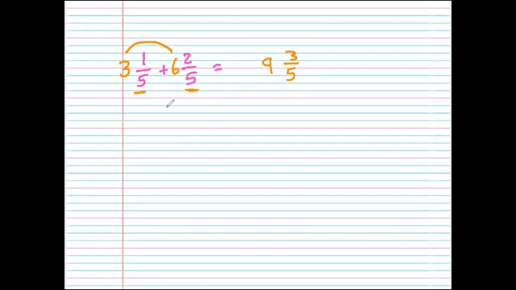Now, what if I don't have a common denominator here? What am I going to do? Let's take an example using fractions only, then we're going to take an example using a mixed number. When I say 1 over 2 plus 3 over 8, how can I solve it? First of all, I have two different denominators.